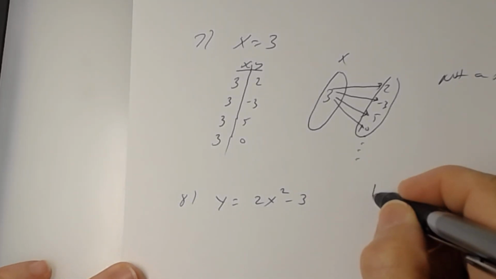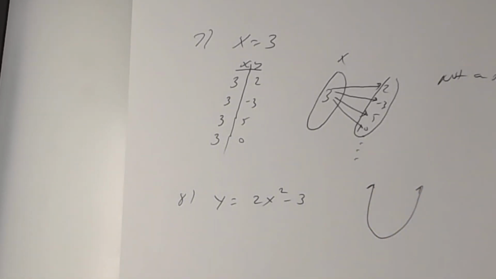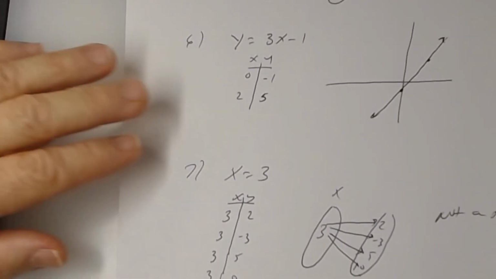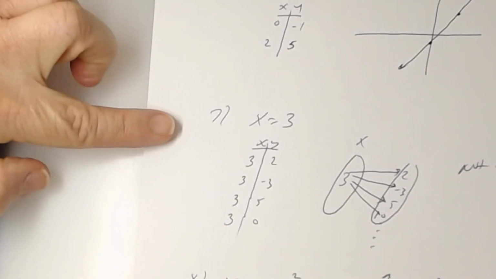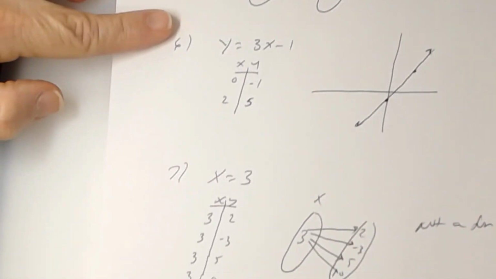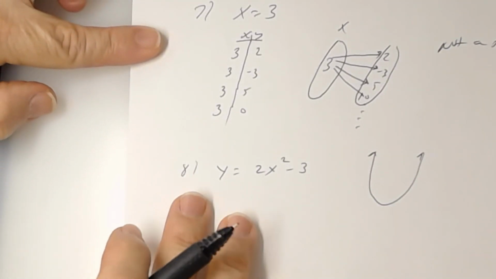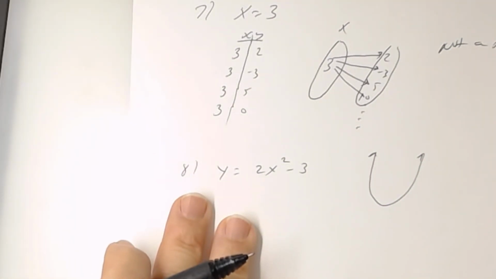And you know that all the parabolas look like this. So in your mind, you know what it looks like. So does it pass the vertical line test? Yes. So many of these, when the equation is given, like number 6, like number 7, like number 8, you know what the graph looks like just in your mind. So you just think of that vertical line test.